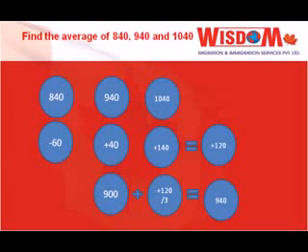So this is the process. Now let me tell you the steps again. The first step would be to write down all the numbers. The second step would be to assume any number to be the average. Let's suppose I assume 900 to be the average in this case. Then calculate the deviations of each number from the average. Now since I have the deviations here, you add all the deviations and then divide by the total number of members.